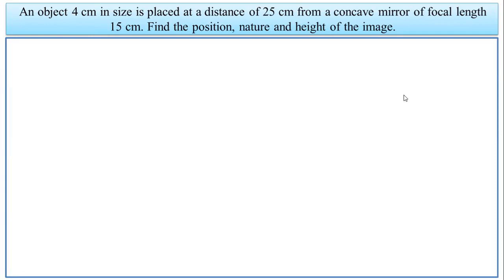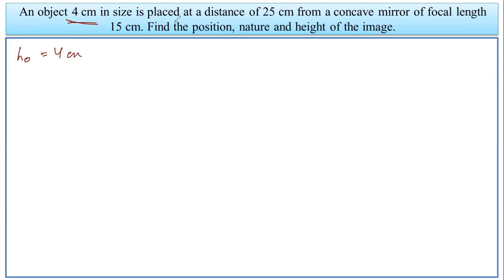See students, I always recommend that whenever you go for the numericals, first of all, you write the components given in the question. With those components, you will be able to do the calculations in a correct way. The very first thing is the height of the object, so height of the object is equal to 4 centimeter.